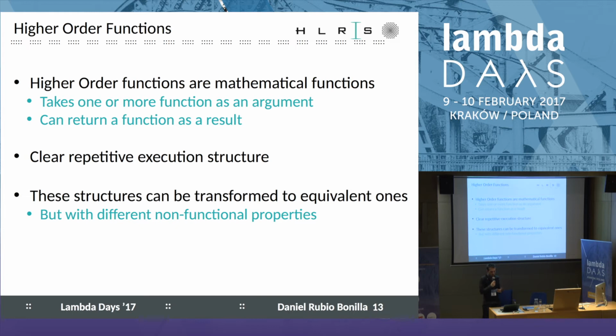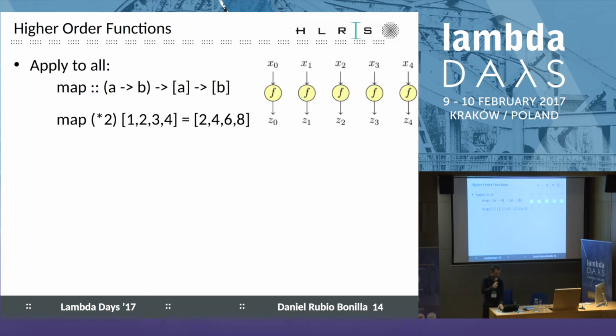At the same time, they can be transformed into other higher order functions that are equivalent from the computational point of view. You will get the same results, but they have different non-functional properties. So basically, we annotate with higher order functions, we extract the structural information, we reason over what they are doing, and then we can transform the underlying code that we had.